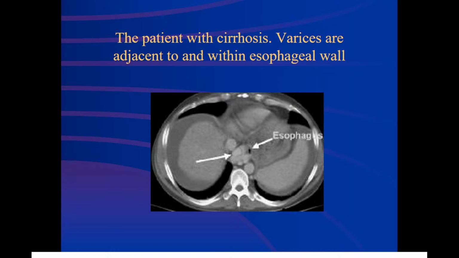CT scan is, of course, not the method of choice to see esophageal varices. We have another method which we'll discuss in a few minutes, but CT can reveal this problem also in a patient with liver cirrhosis.